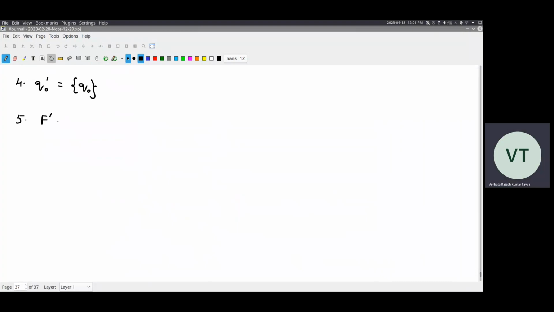Okay. And what is F dash? What are the final states in the DFA? Subset of the power set in which all the final states of the NFA are included.